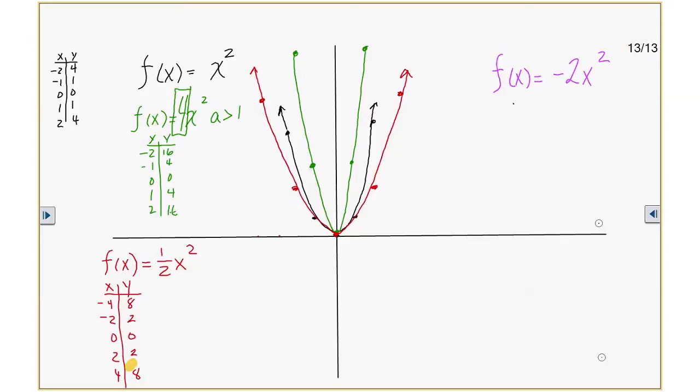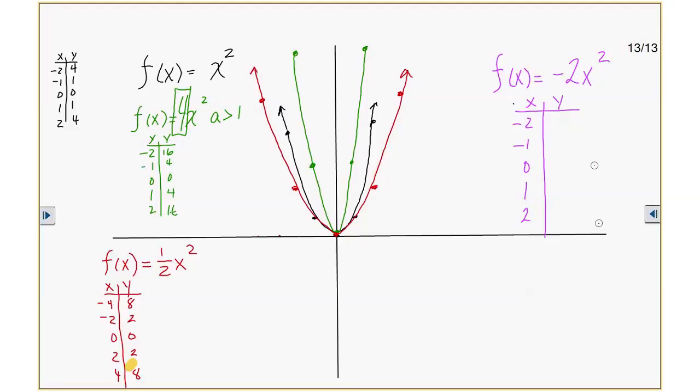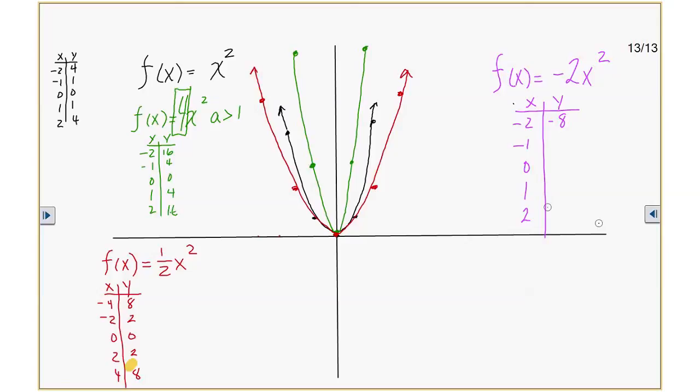So we got about 2 or 3 more to put on this one graph. -2, -1, 0, 1, 2. -2 squared is 4. 4 times -2 is -8. -1 squared is 1, times -2 is -2. 0 gives 0.